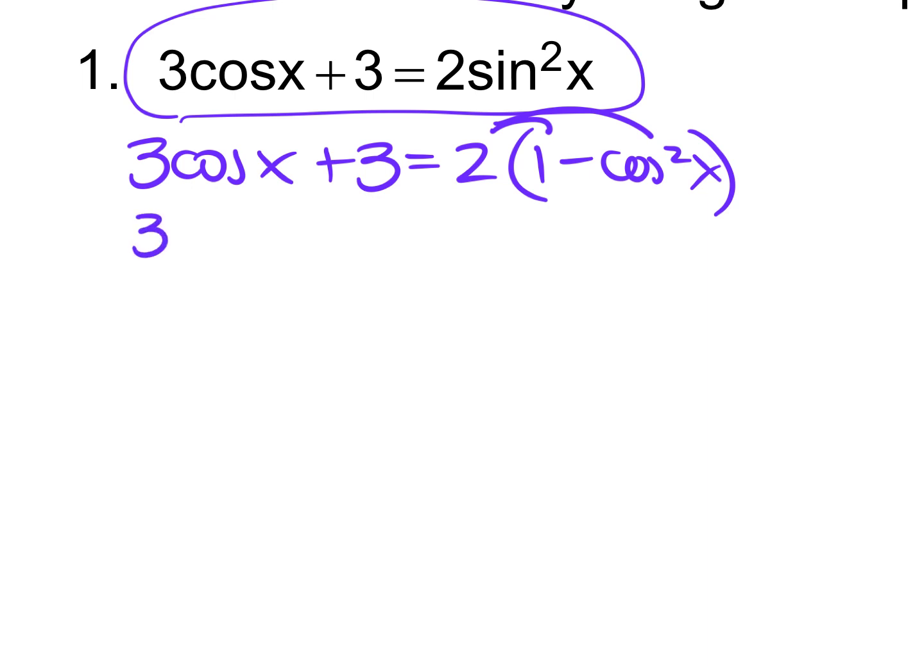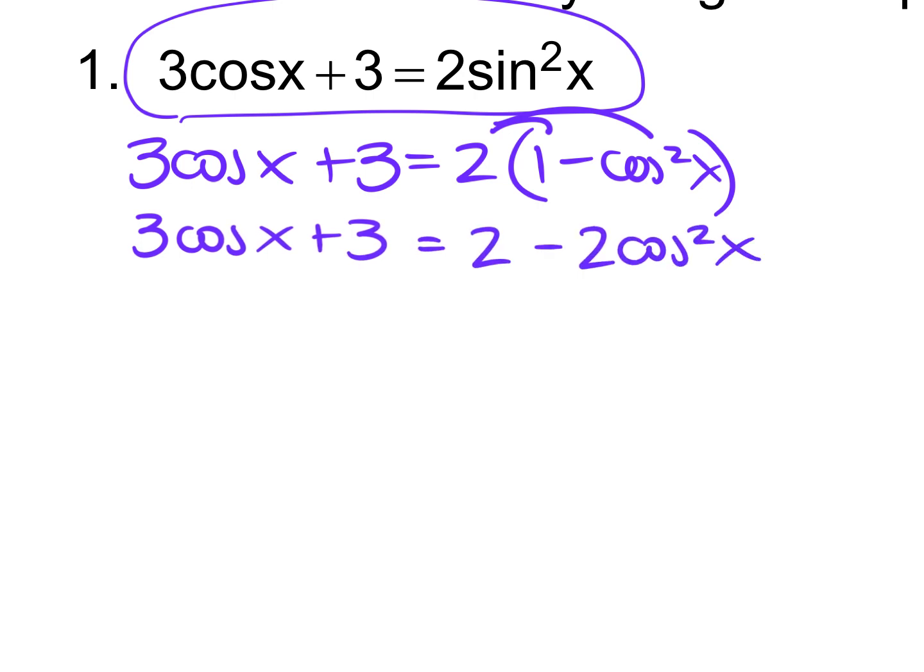So I would have 3 cosine x plus 3 is equal to 2 minus 2 cosine squared. I move everything to the left because I don't like to factor with the negative cosine squared term. I'd rather that be positive, so we're going to scoot that over to the left. Leave the 3 cosine x, and when I subtract 2 from both sides, I get plus 1.